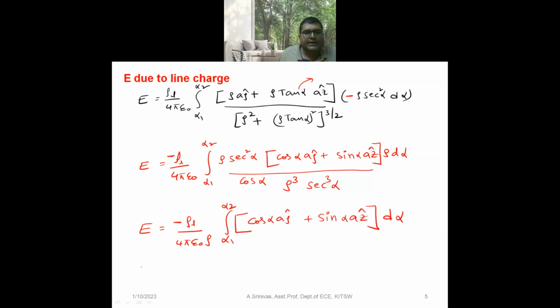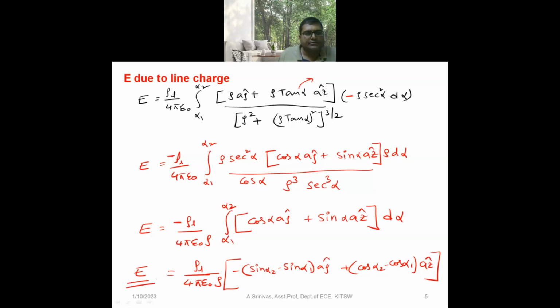And after applying the lower and upper limits, we get E is equal to rho L by 4 pi epsilon naught rho, minus of (sin alpha 2 minus sin alpha 1), substituting the limits, plus (cos alpha 2 minus cos alpha 1) a_z cap.